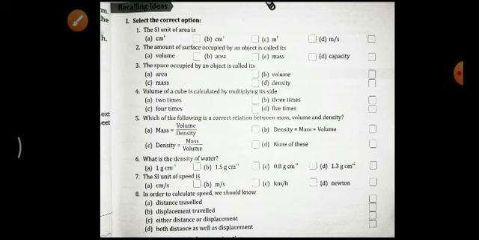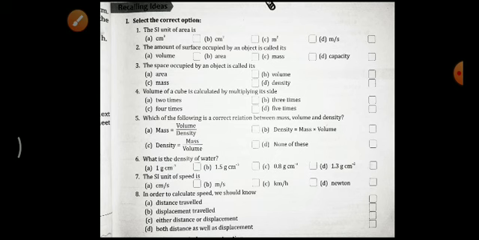Depending upon the densities, different liquids also have different densities. So here the question is asking the density of water is how much? What is the answer? Option A, that is 1 gram per centimeter cube is the density of water.